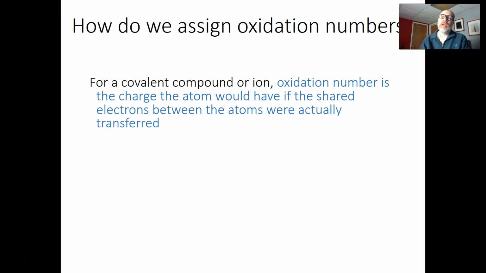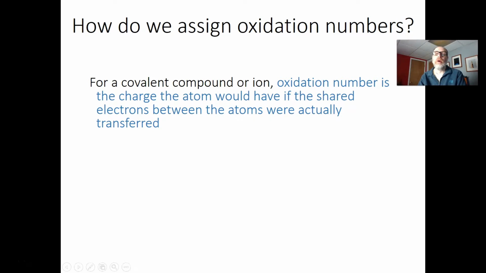So now we get to the little more complicated part, and that is for a covalent compound or a polyatomic ion. The oxidation number is going to be the charge that the atom would have if it shared electrons. If we would have electrons shared equally. I'm saying this wrong.